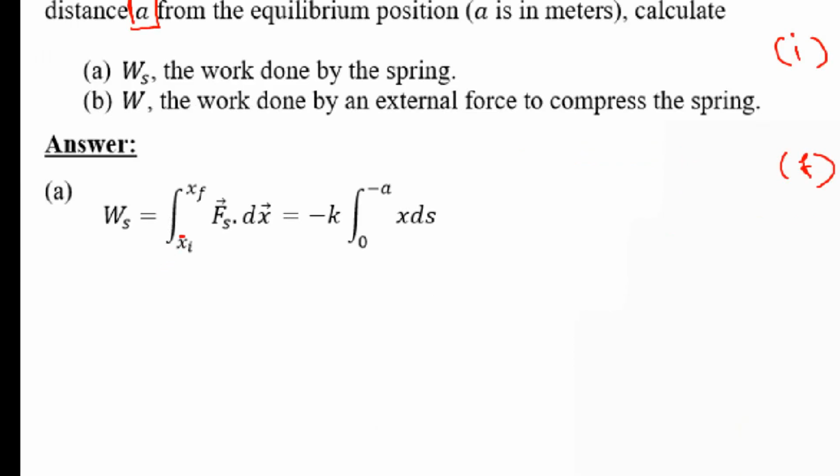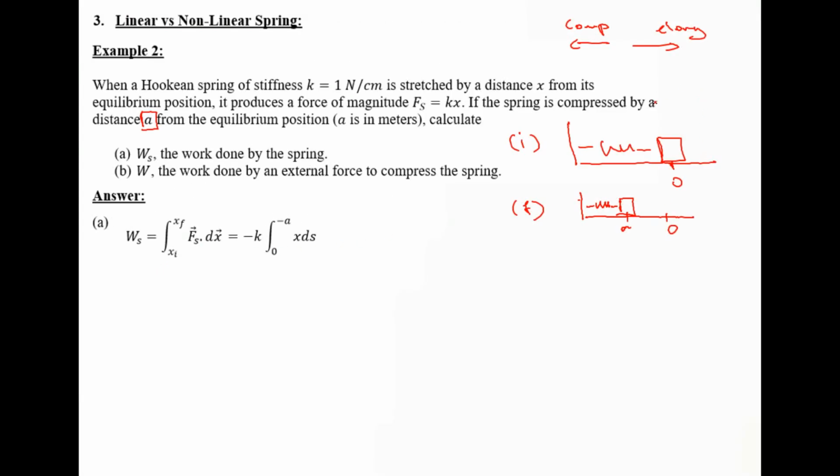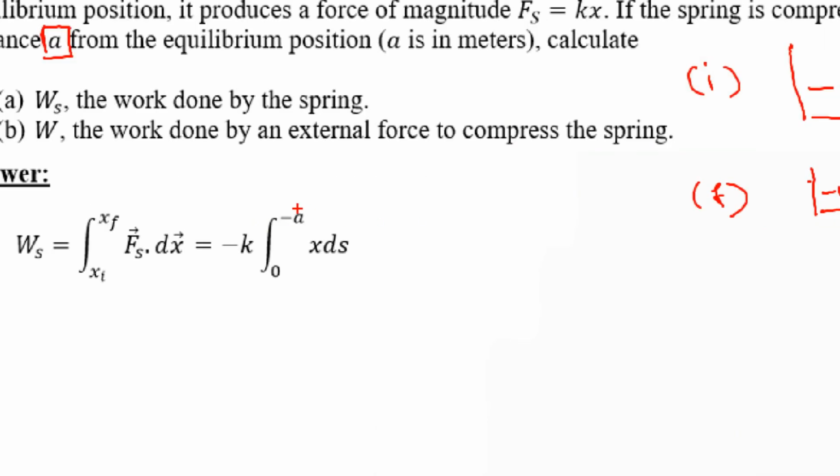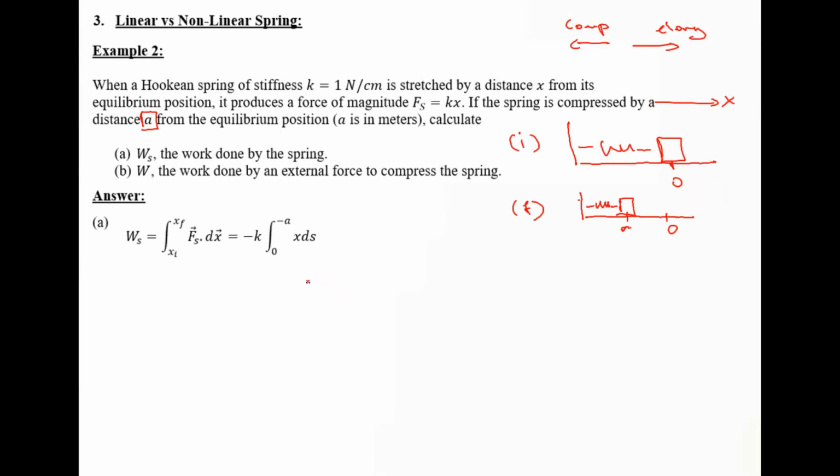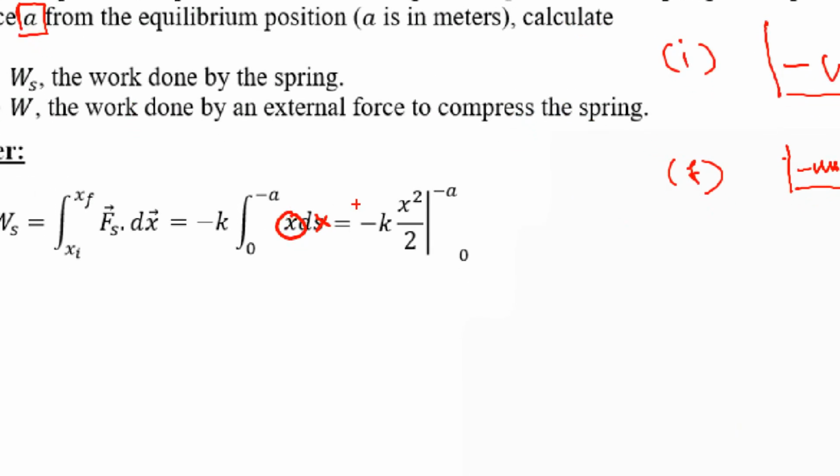For this reason, this is the origin, and we know that the positive direction is to the right. So we're moving to the left, and that would be minus a, because the position might be positive or negative, and that would be x.